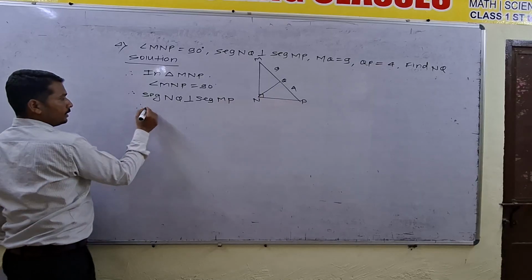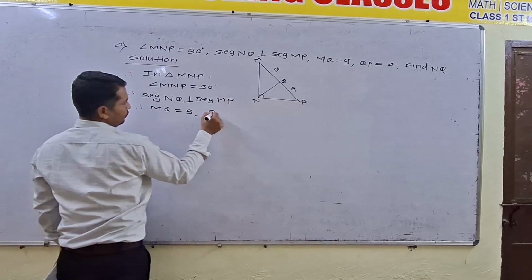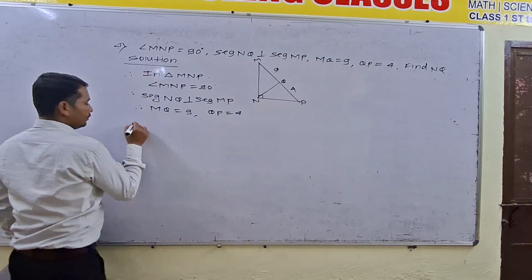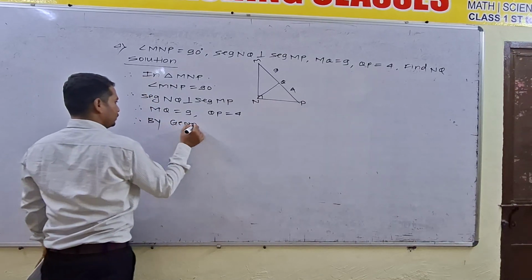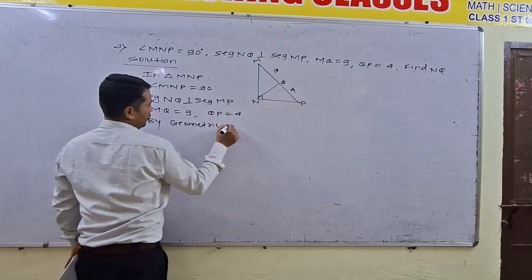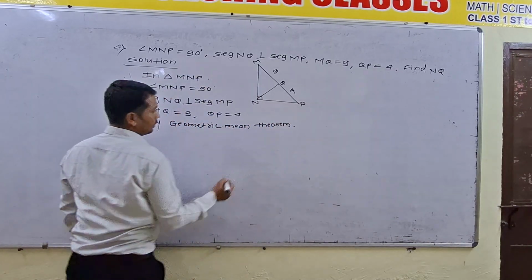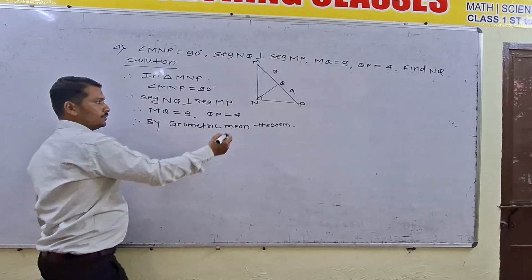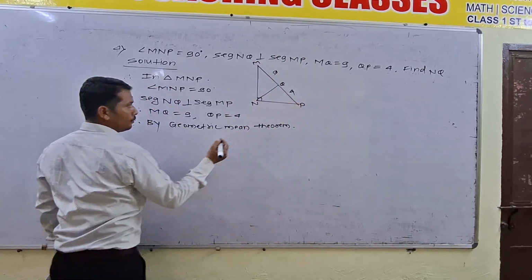Write down here again: MQ is equal to 9. Next, QP is equal to 4. By the geometric mean theorem. So what is the geometric mean theorem? We know that QN square is equal to MQ into QP.